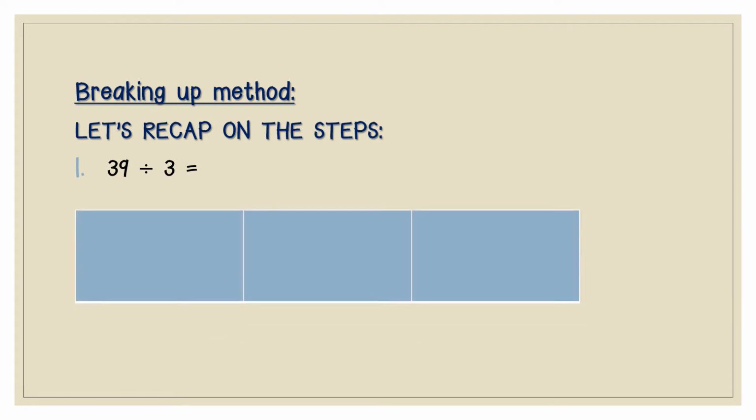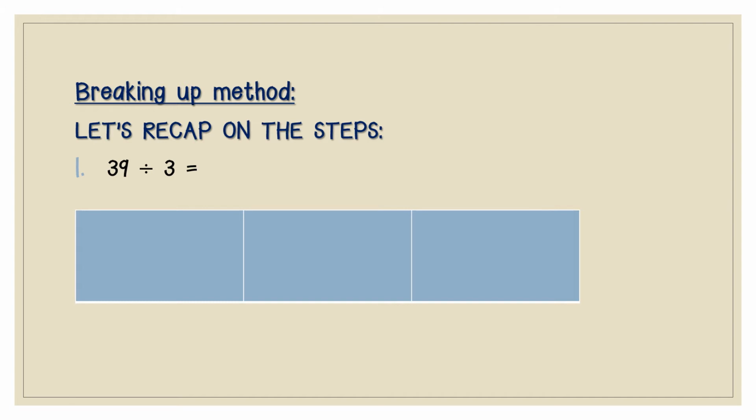So how do we work that out? It's basically telling you that you need to share 39 sweets with 3 people. So we are going to draw 3 blocks, and then we're going to share the sweets. We are going to look at an easier way to count and share.